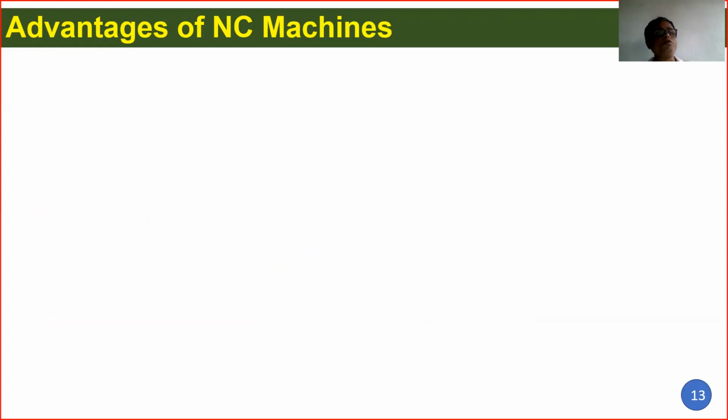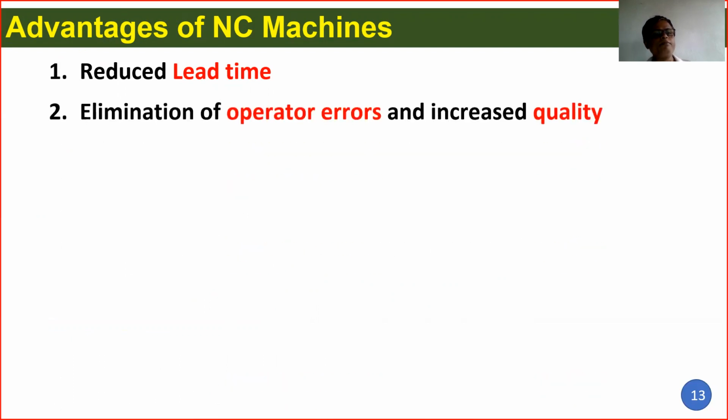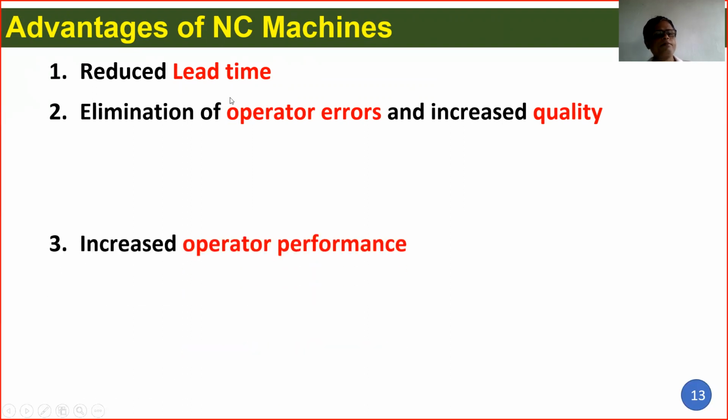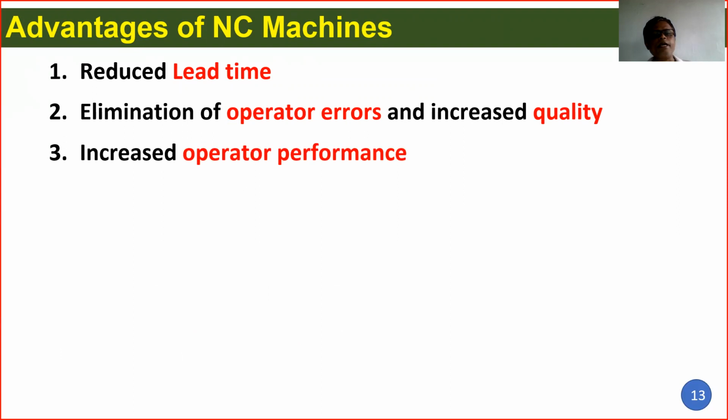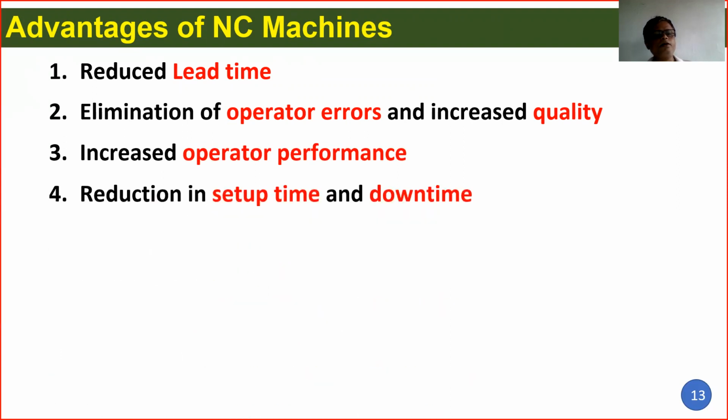Then we will see why we should go for NC machines. That is, we will see the advantages part. There is going to be reduced manufacturing lead time. There is going to be elimination of operator errors and increased quality. Since everything is controlled by the program, the operator errors are almost eliminated. Increased operator performance, reduction in setup time and downtimes.